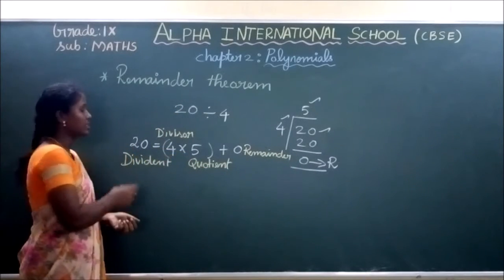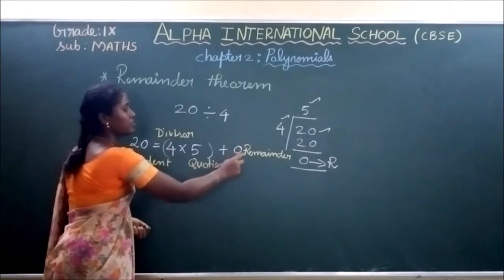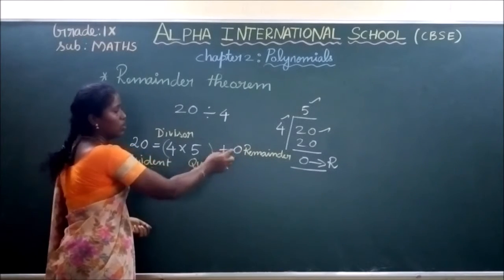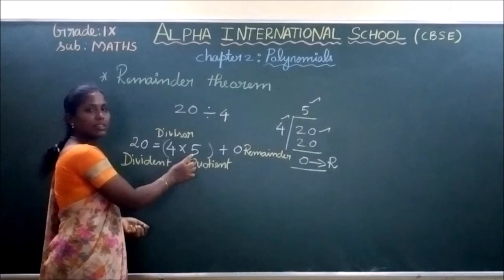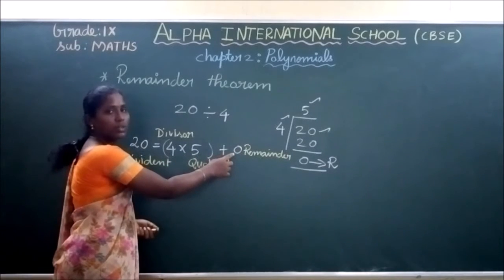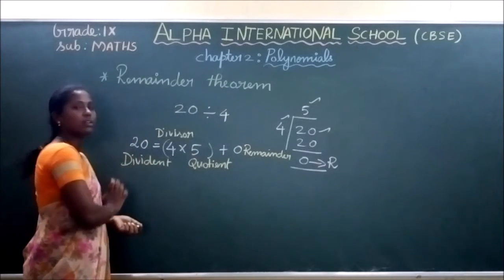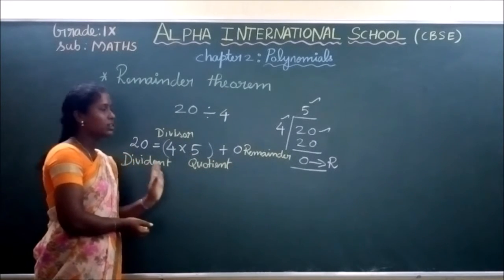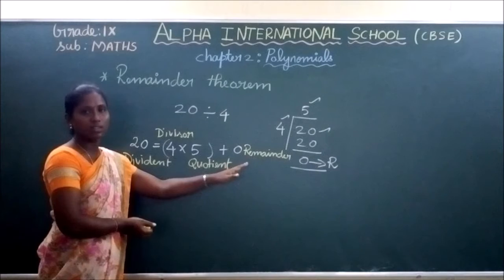This relationship is divisor into quotient plus remainder. What is the total value of this? 4 fives are 20, and 20 plus 0 is 20. So we get the value of the dividend here.